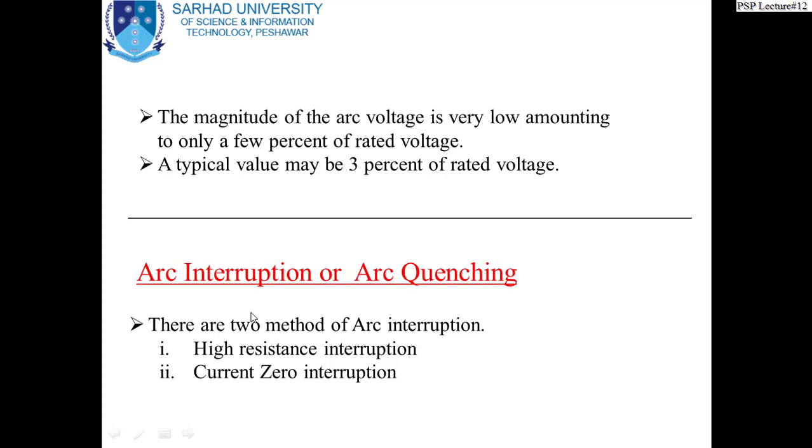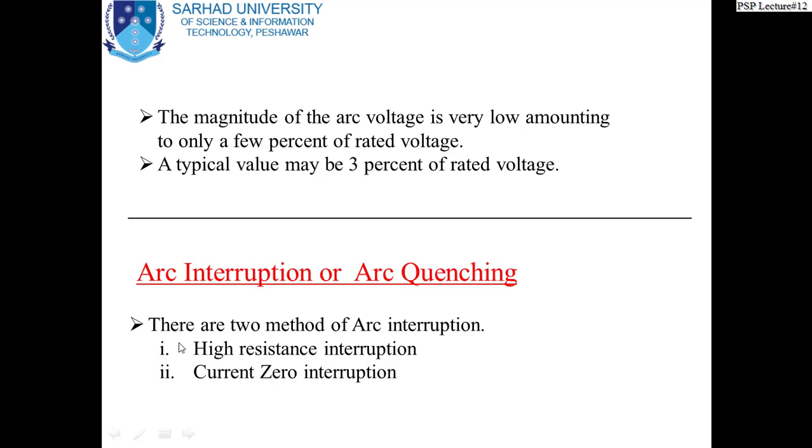The first phase is the theory behind the arc interruption, and on the basis of this theory, when we go to the actual construction of the circuit breaker, these theories are basically used in that construction.